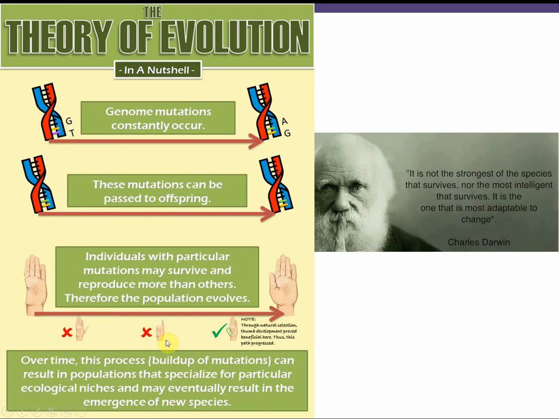Having just one finger or three or four fingers wasn't as useful as having five fingers. So over time, this buildup of mutations can result in populations that specialize for particular ecological niches or habitats, and can eventually result in the emergence of new species.